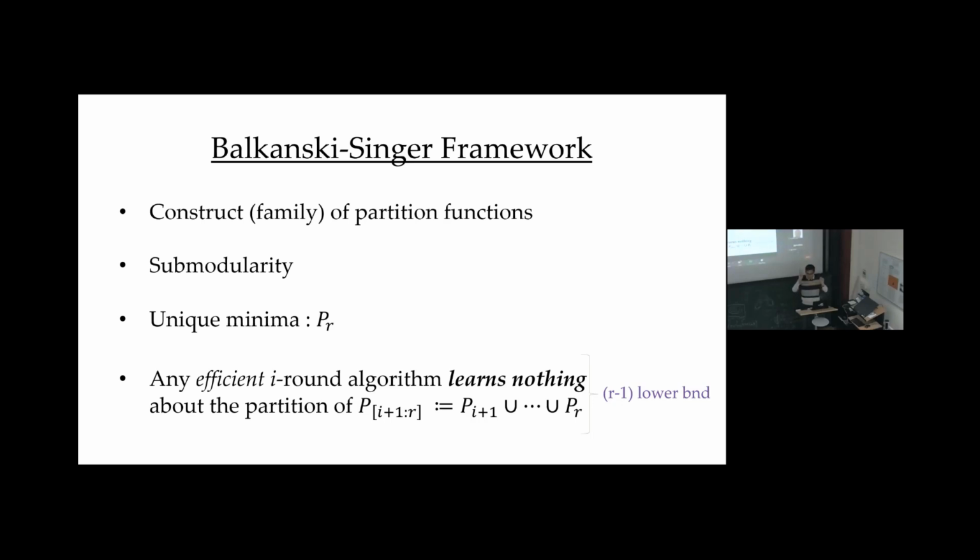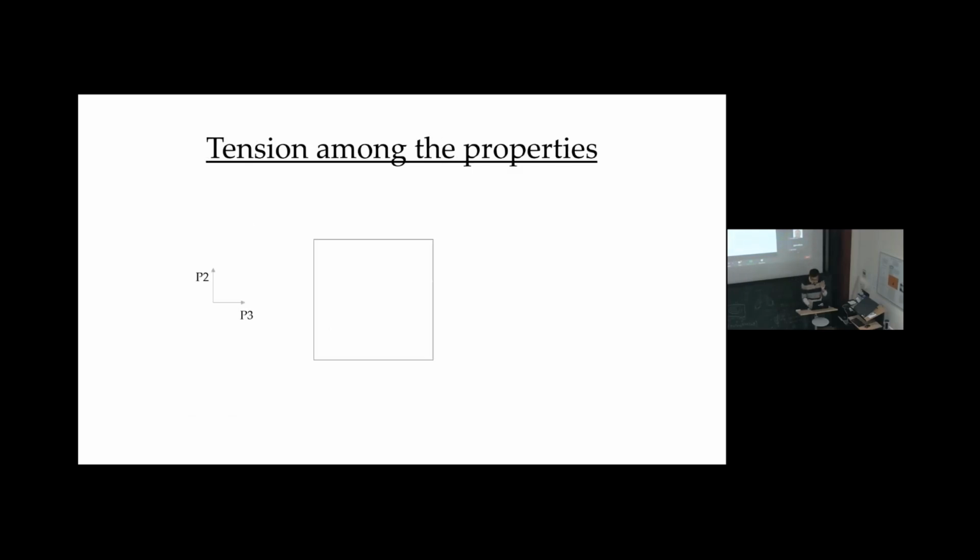So we want these three properties, submodularity and unique minima, and that's the framework of Balkanski-Singer, and the fact that you cannot distinguish more in the future. The one slide that I spent time preparing is to show the tension among these three properties.